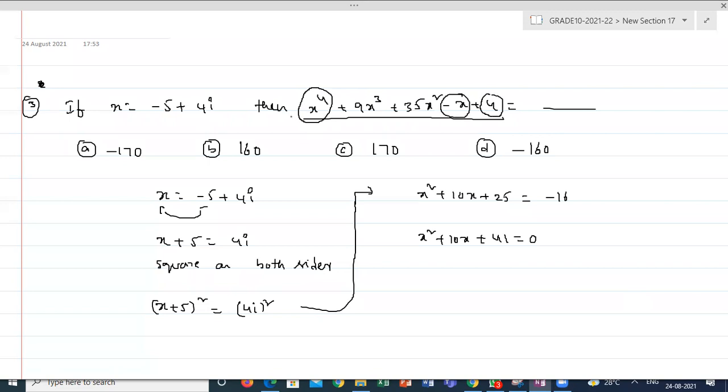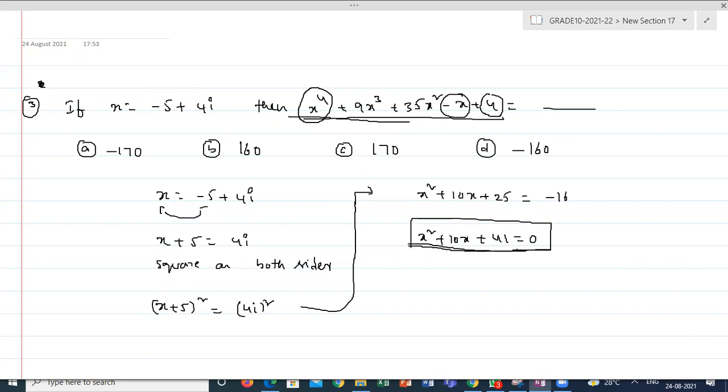I need the value of this one with the help of this expression. If I am maintaining this set as 0, this set is 0, how I can get with the help of this? I will equate to this one. Sir, we can write x power 4 as x power 2 into this equation.